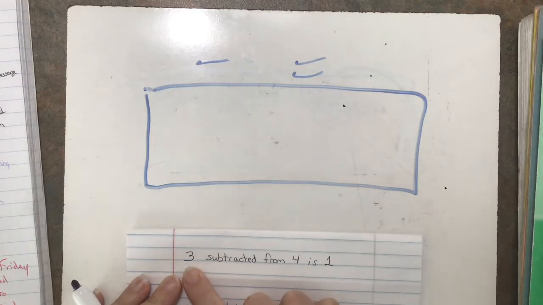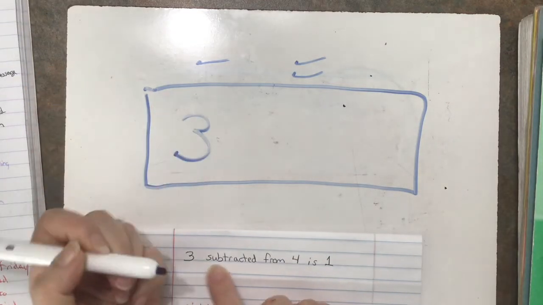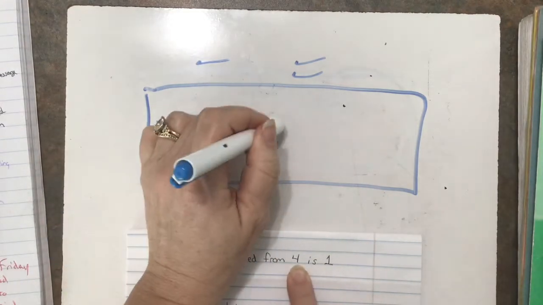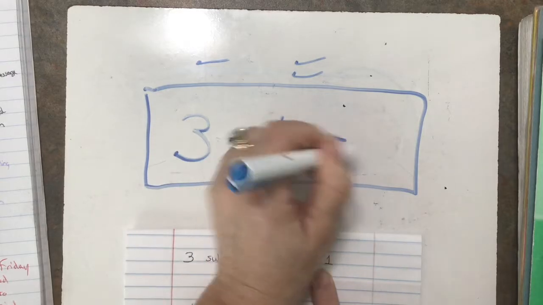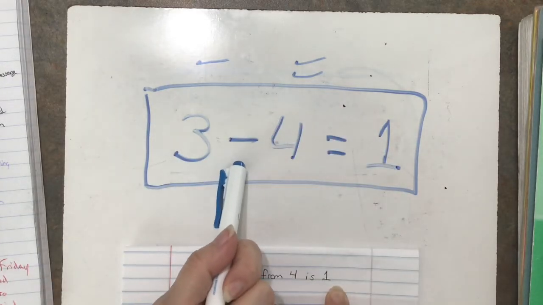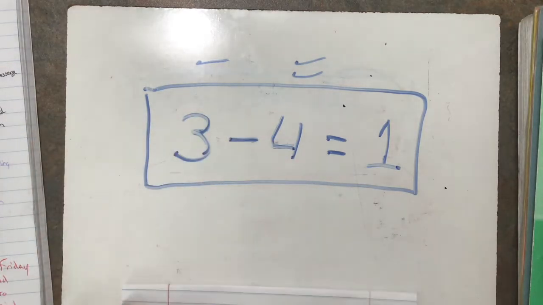So are we starting with 3 this time? If I put a 3 right here and I see the word subtracted, so I put a minus sign, and then I put a 4 because I just want to go in order across the sentence, is this math problem true? Is this correct? Let's try it.